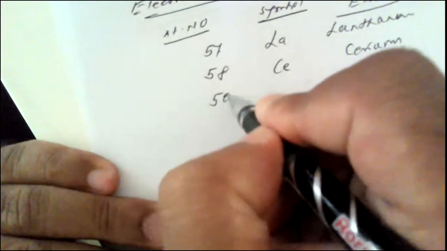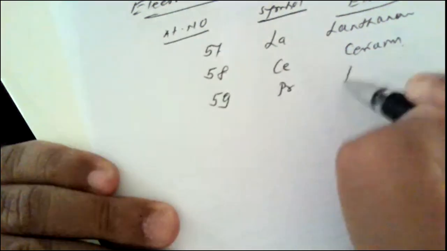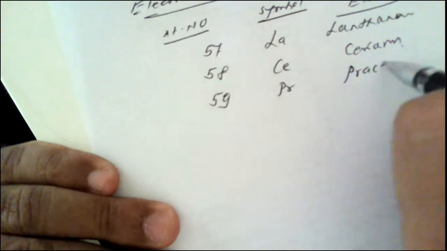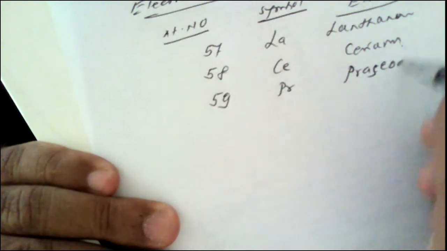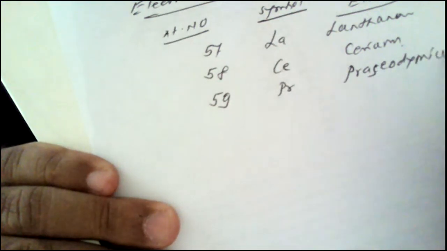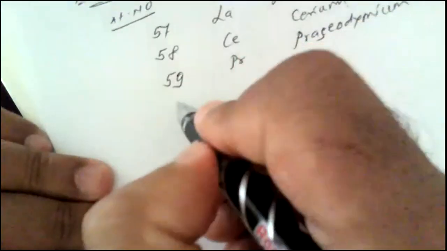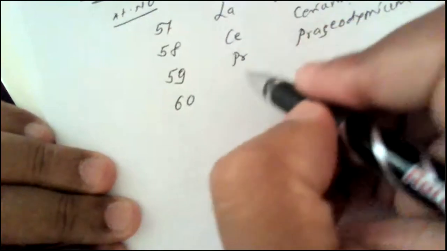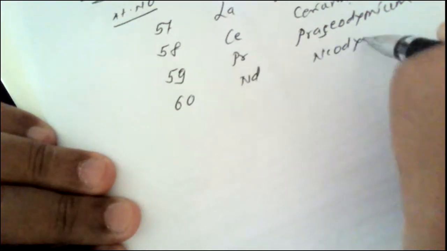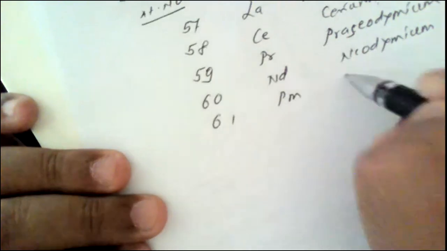Atomic number 59. It is Pr. Name of the element is praseodymium. You should remember the correct names of all these elements. Atomic number 60, Nd, known as neodymium. Then 61. It is Pm.